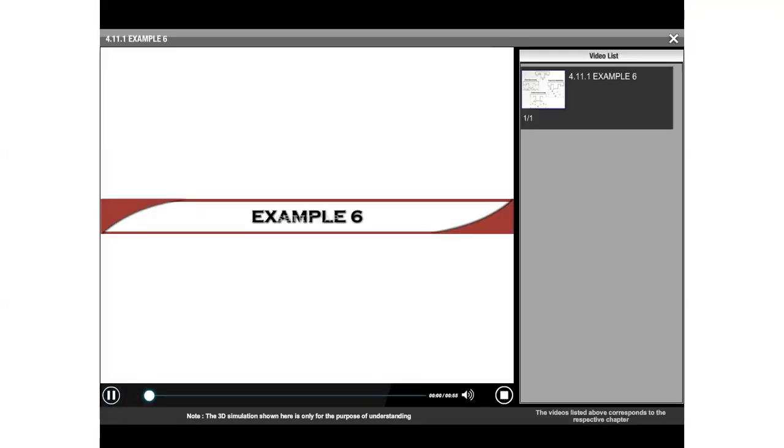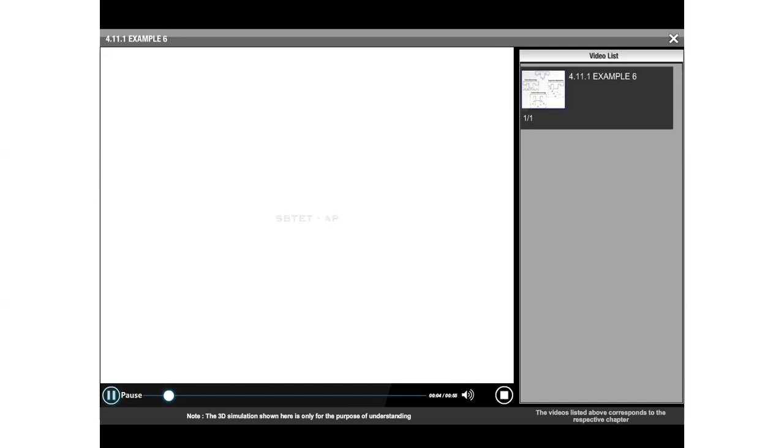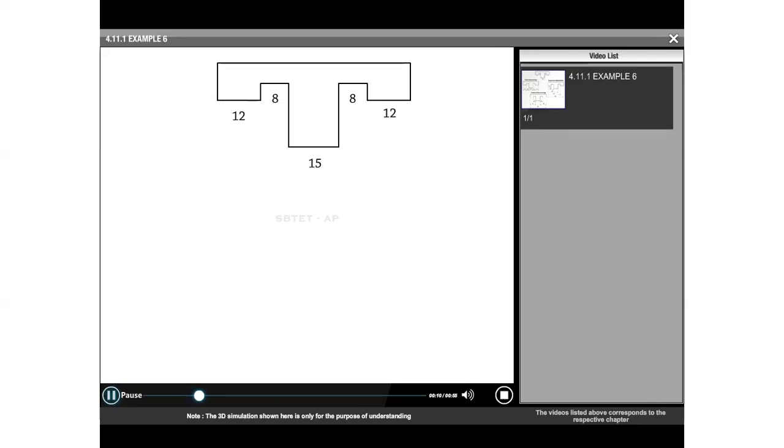Example problem 6. Dimensioning practice on chain, parallel and combined dimensioning. In this, a view with wrongly represented dimensions is available. The task is to show the same view with proper dimensioning based on chain, parallel and combined dimensioning methods.